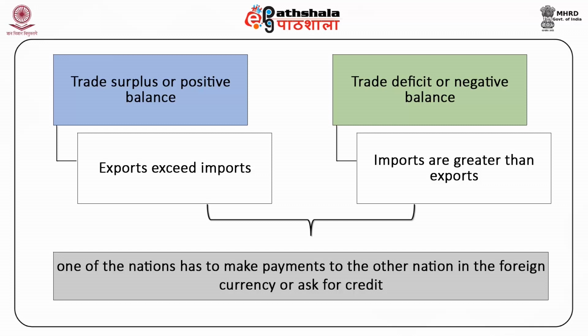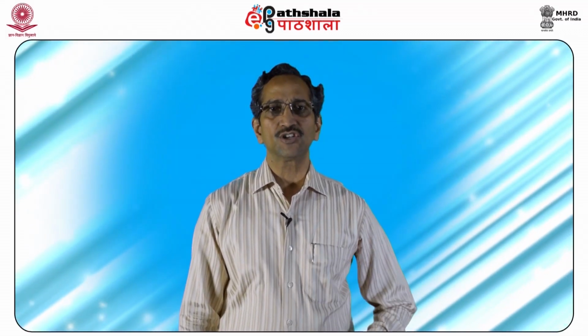Since all these transactions across international borders involve the use of foreign exchange, it is extremely useful to understand the concept of exchange rates between different currencies. The exchange rate between currencies can be defined as the number of units of domestic currency, which in our case is rupee, required to purchase 1 unit of foreign currency, let's say dollar.